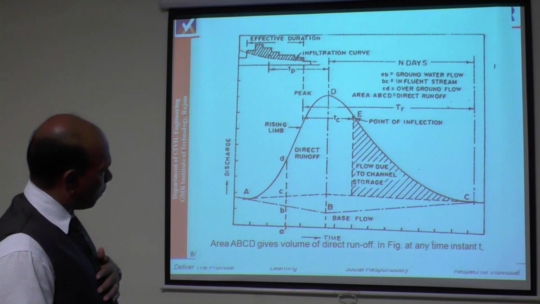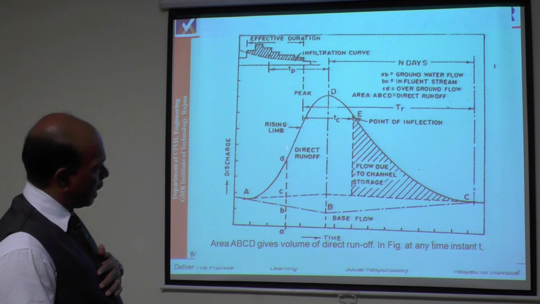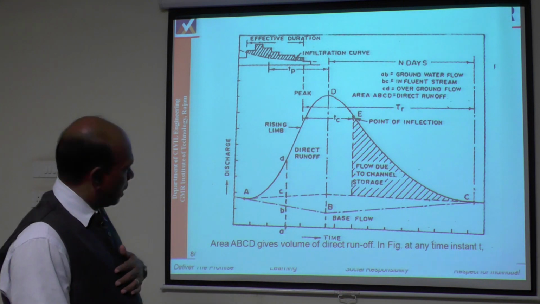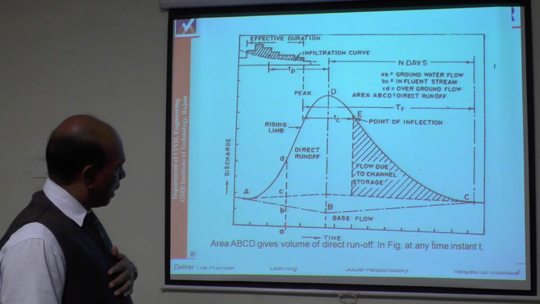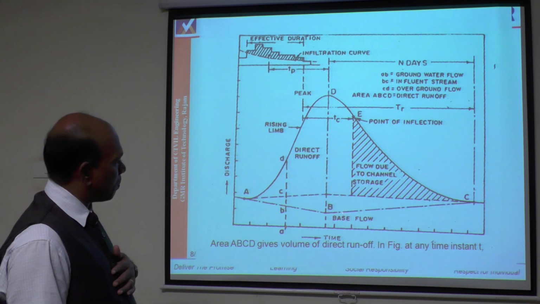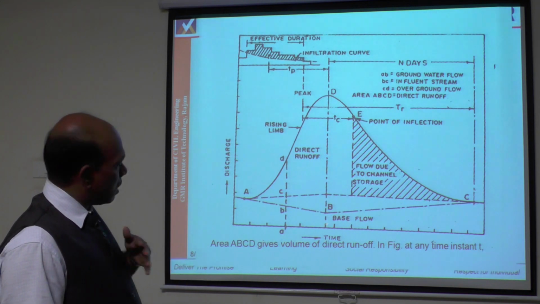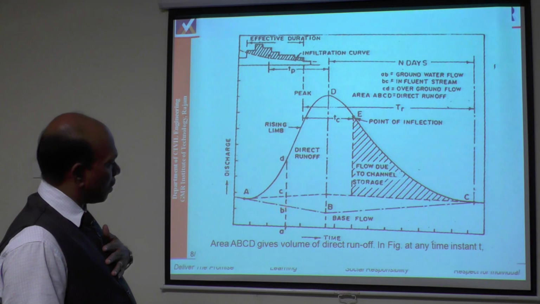Here, what is happening? Located here are some points A, B, C, D. The point from A to B is groundwater flow, because the area below this line is groundwater flow.